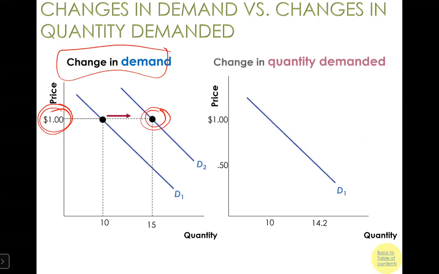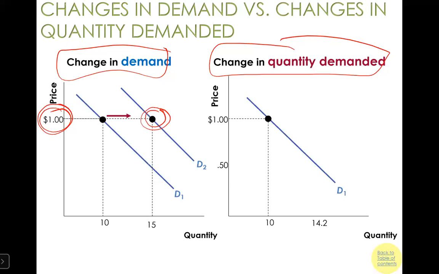Now we look at the right-hand side, change in quantity demanded. A change in quantity demanded says the demand curve itself doesn't change. What changes is that we just move along this curve.